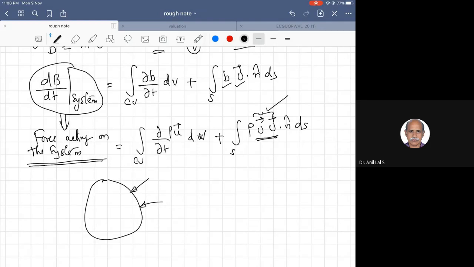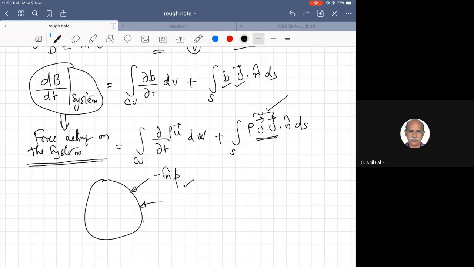The static pressure will be acting normal to any point, acting into the system. That is opposite to the outward normal. If n is the outward normal, it will be acting in the minus n cap direction, with the magnitude or intensity of the pressure.